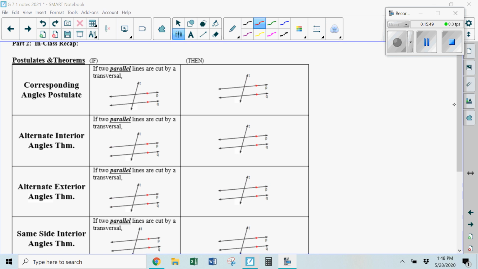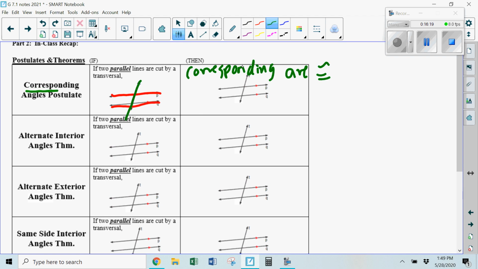This next part we kind of already summarized on the front. So I'll talk about it, but you don't have to write it down. It says corresponding angles postulate. If two parallel lines are cut by a transversal, then corresponding angles are congruent.